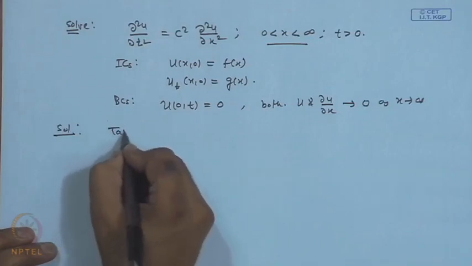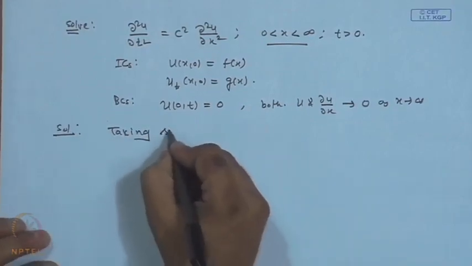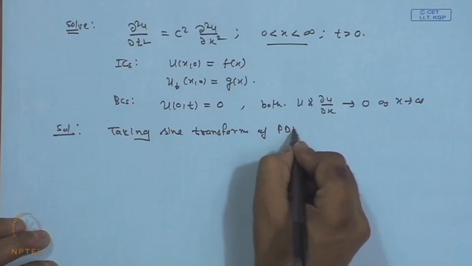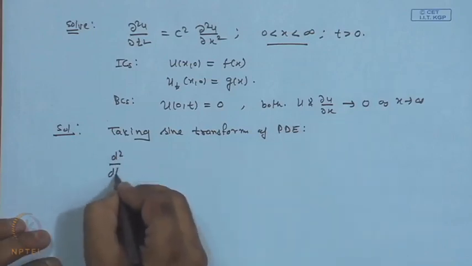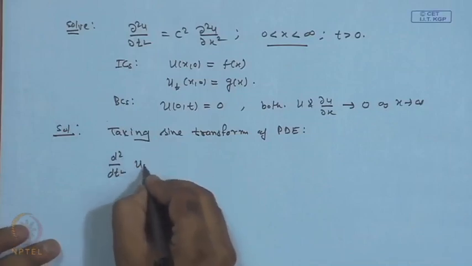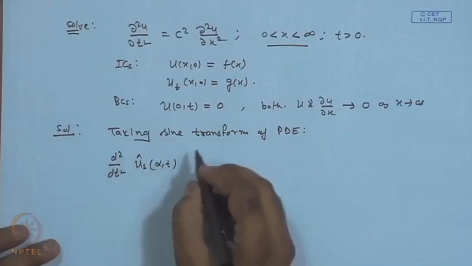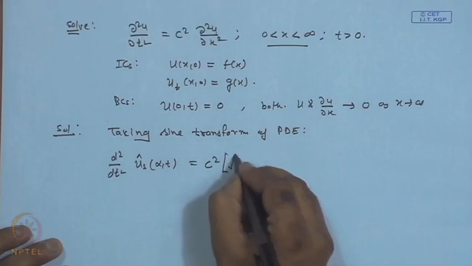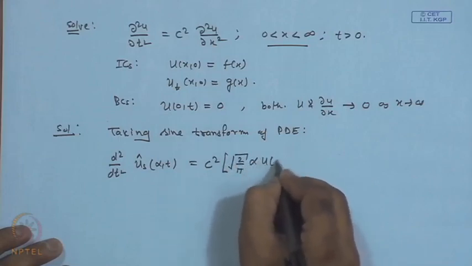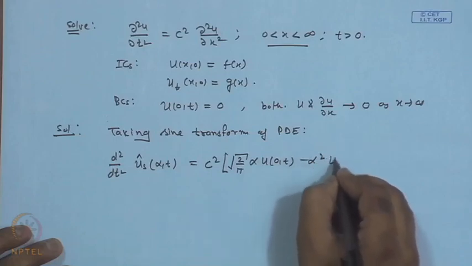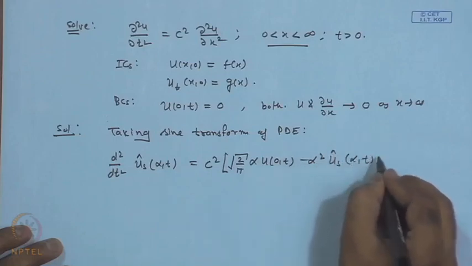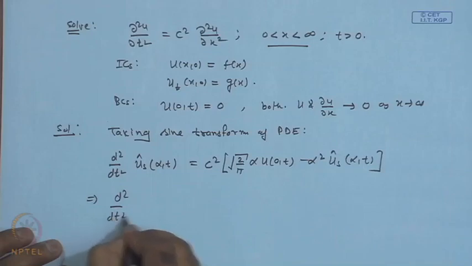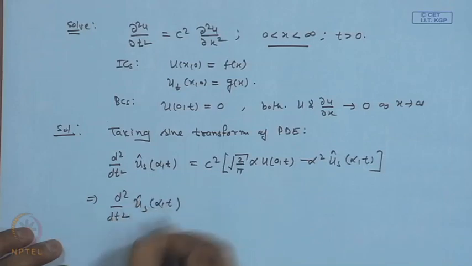So, taking the sine transform of the PDE, we get d2 over dt square of the sine transform of u, which we denote by u_s hat(alpha, t), equals c square times, by the derivative theorem, square root 2 over pi alpha u(0,t) minus alpha square u_s hat(alpha, t).